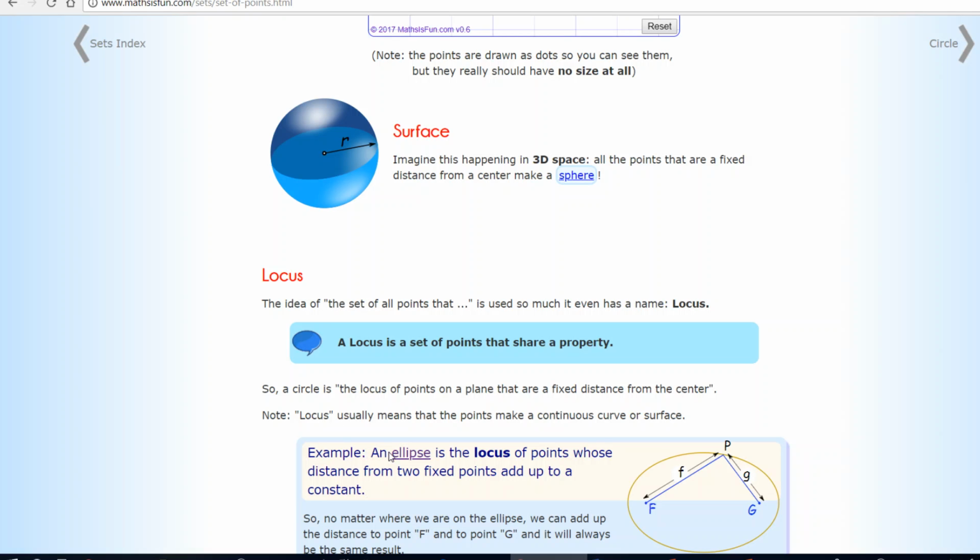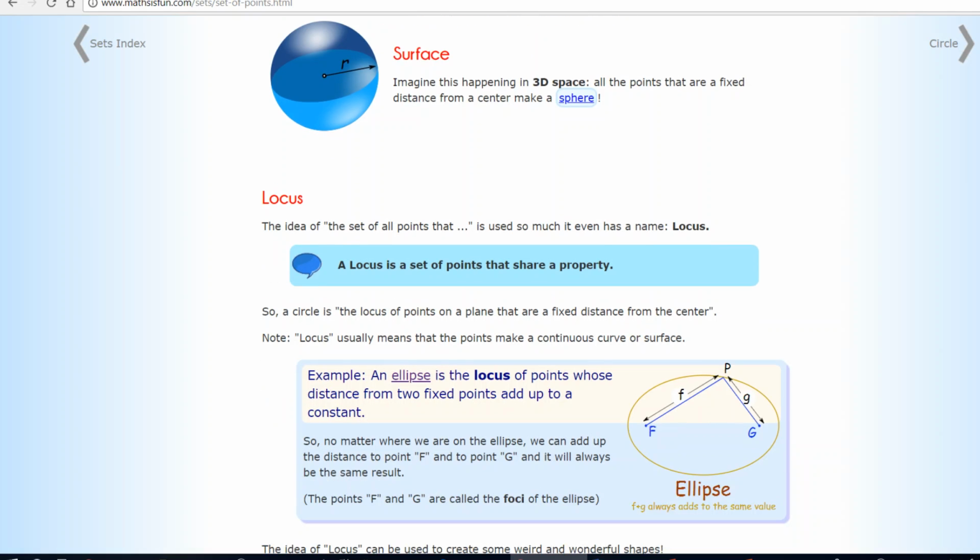An ellipse is the locus, or the set of all points, whose distances from two fixed points, F and G, add up to a constant. So let's take a look at what we know about an ellipse.